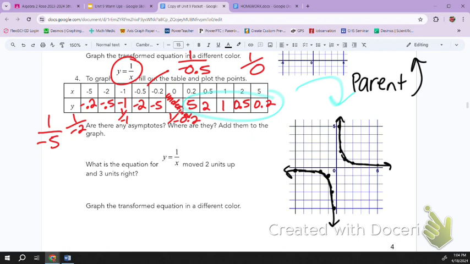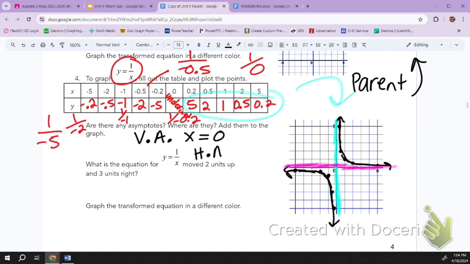We do have an asymptote. We have a vertical asymptote. It's at x equals 0. I have a horizontal asymptote. Right here, it's at y equals 0. The vertical asymptote is at x equals 0.